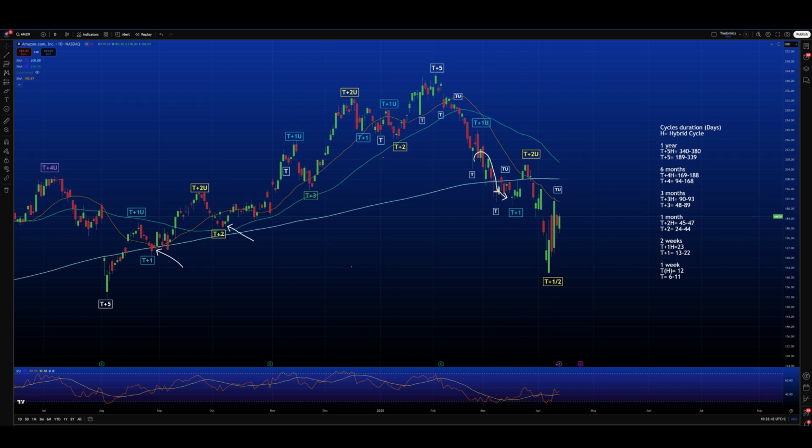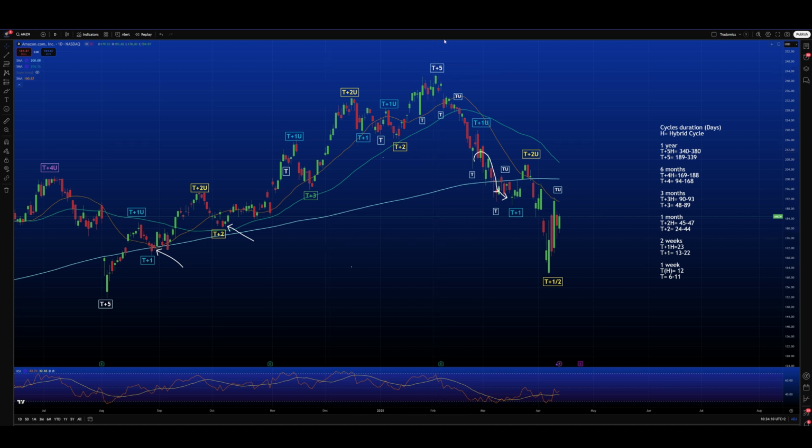And among the group of the stocks that I analyzed today, I think it's the strongest because we don't have such a condition. In the last video also, I was flagging this swing and this swing as the potential checkpoints, swing points, to define whether from this top we have a T plus 5 or not.